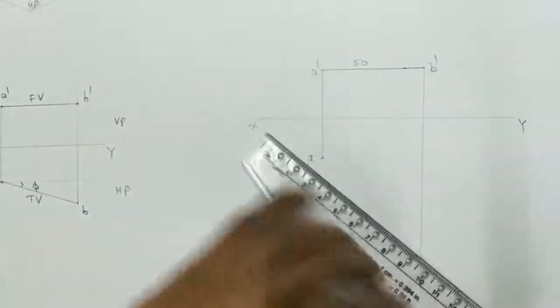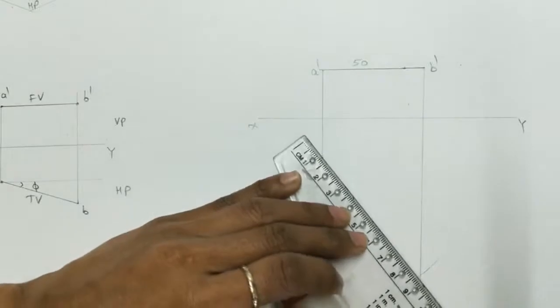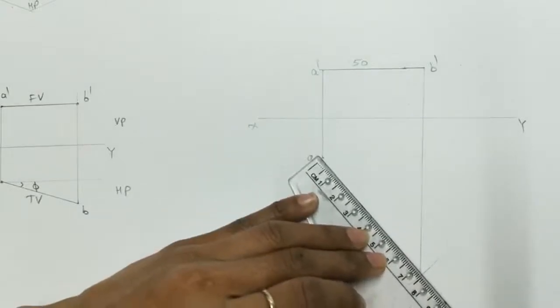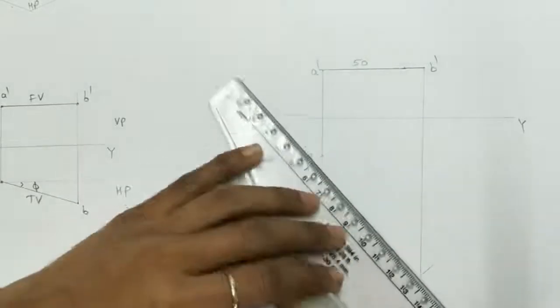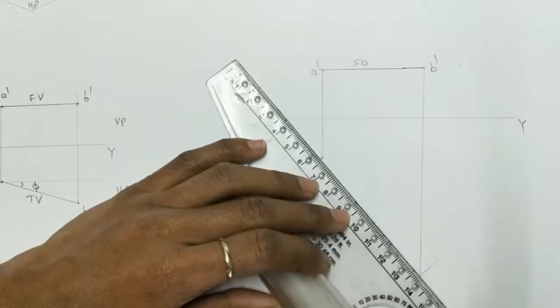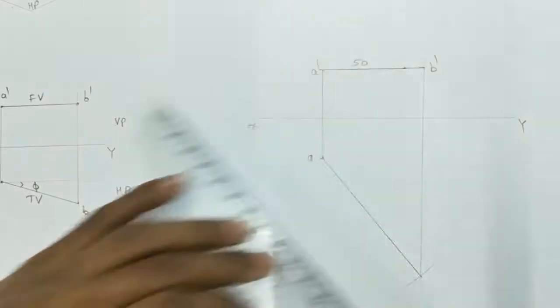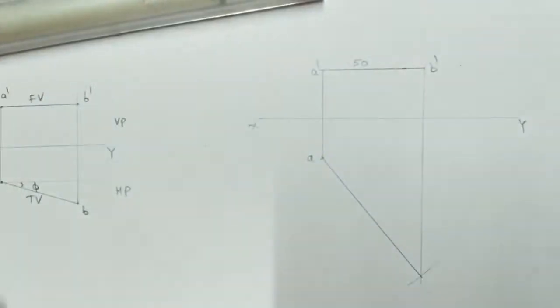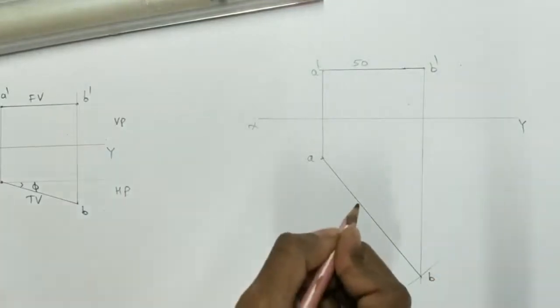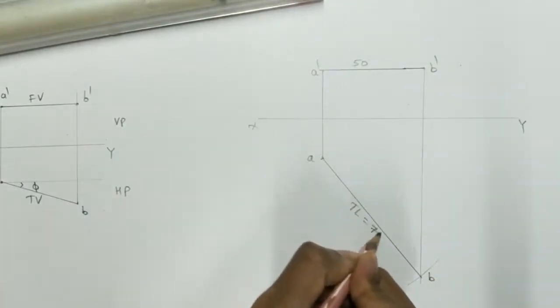So this is the total distance 75 mm. So draw the line and give the name to this point as point B. This is the true length 75.